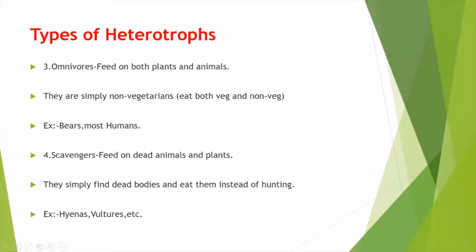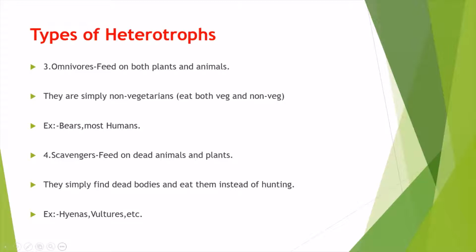And the fourth, scavengers. They feed on dead animals and plants. They are similar to carnivores, but they just find already dead bodies of animals and eat them instead of hunting on their own.